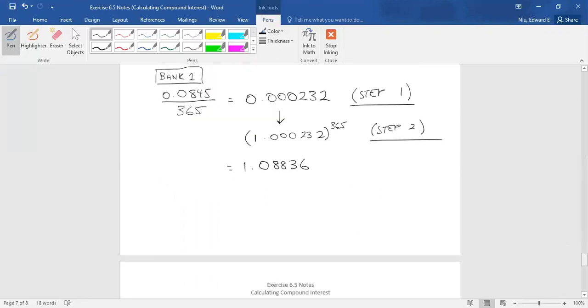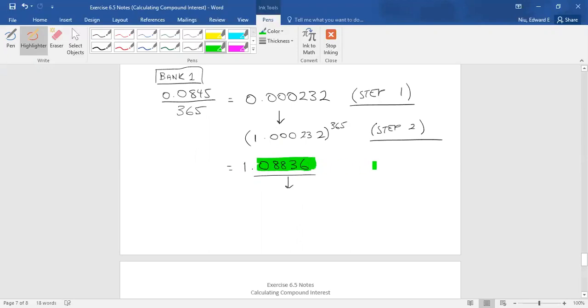So step 3, we take just the back end of this section and interpret that. Let's highlight this in green. We would ignore the 1 at the front because that's got nothing to do with the percentage. That's just the part that's including the principal.